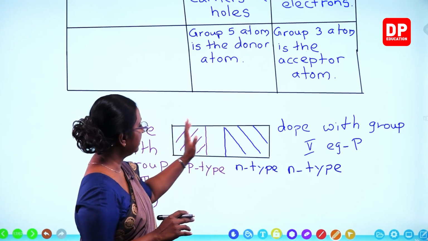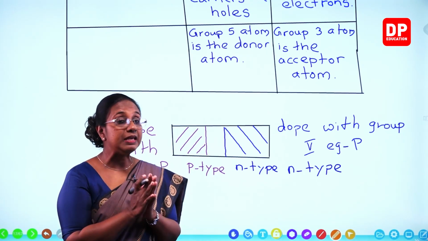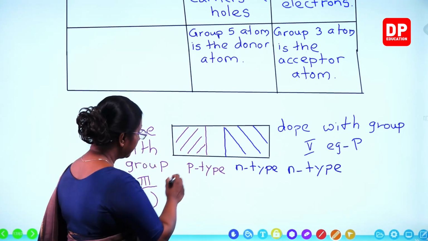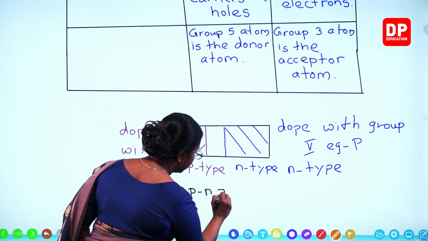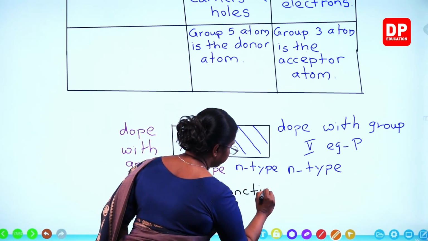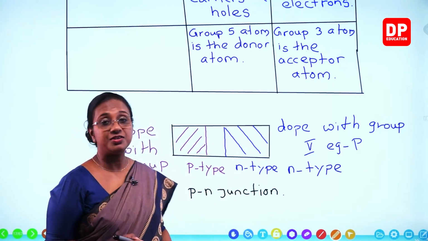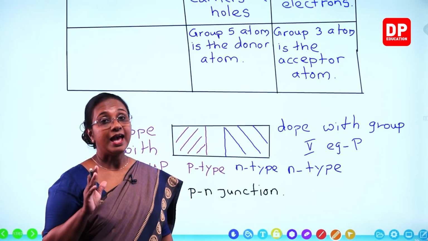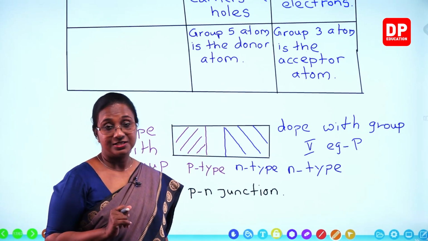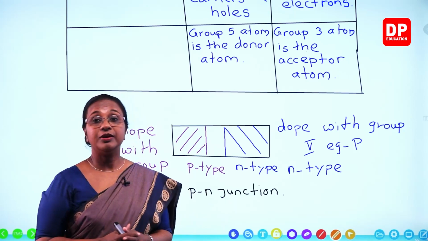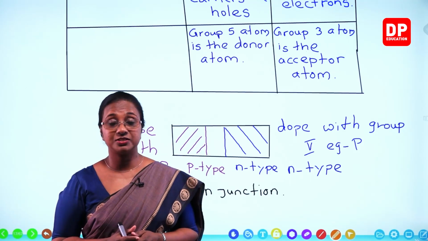But here you have P and N. They will both meet together. And that is known as a PN junction. So here we will have a PN junction. So like I said, in the next chapter, I will explain how this PN junction will function. And also how we can use that to make electronic devices. Is that clear, students? So with that, I am going to end this chapter, and as we start the next chapter, we will discuss what PN junctions are.